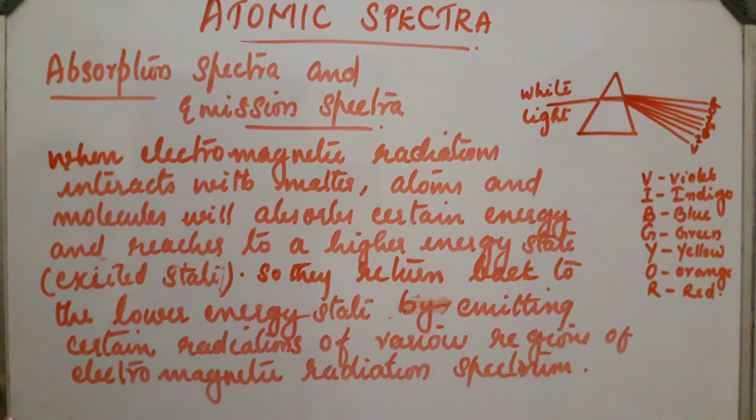Due to this absorption and emission of radiations of various regions of the electromagnetic spectrum, two types of spectra are obtained: absorption spectra and emission spectra. Absorption spectra is obtained when energy is absorbed and the atom reaches the higher energy state, and emission spectra is obtained by the emission of radiations when they fall from the higher energy state to the lower energy state.